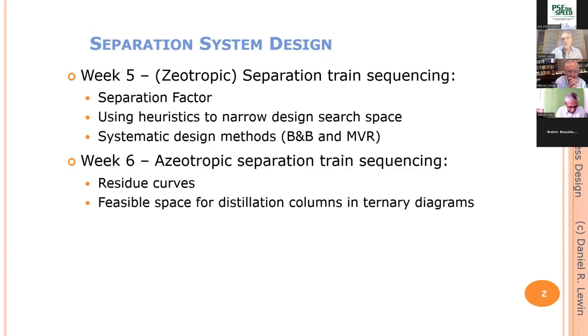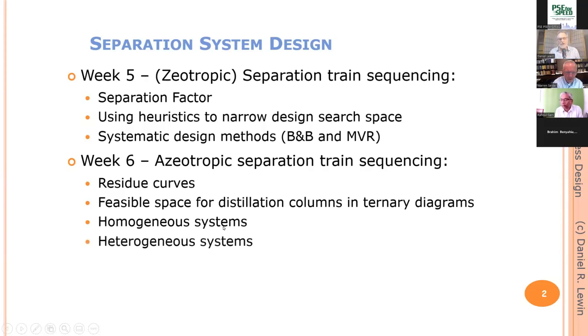We cover branch and bound and the marginal vapor rate method as ways of selecting from alternatives to arrive at the optimal sequence. In week 6, we teach azeotropic separation train sequencing, which involves principally enabling students to sketch their own residue curves, to define the feasible space for distillation columns in ternary diagrams, and then both homogeneous and heterogeneous system synthesis. Let me go into some details now.